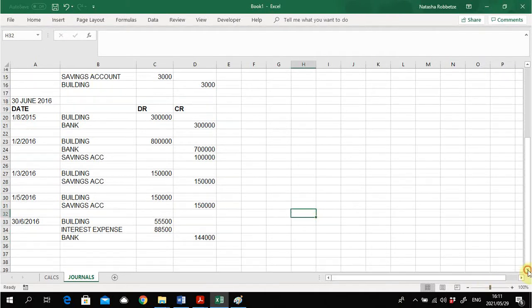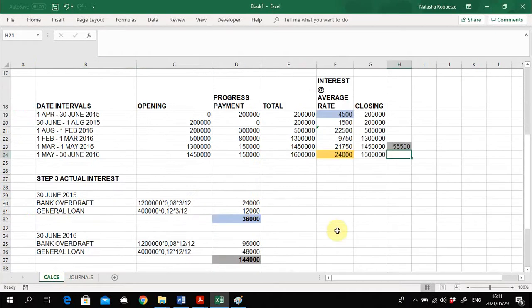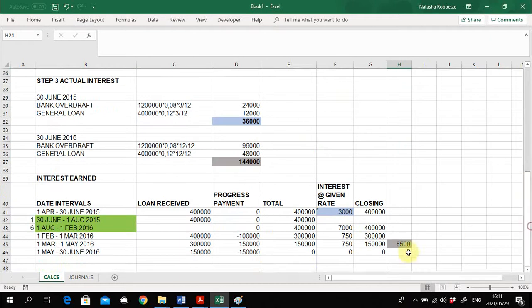I also need to account for the interest that I have earned. So I'm going to say it increases the savings account. And I need to play it off against the cost price of the building. And the interest earned was 8,500.